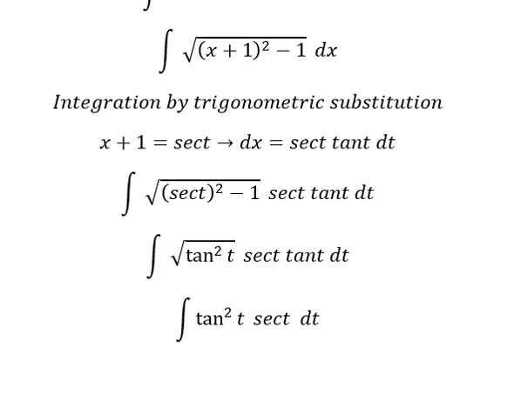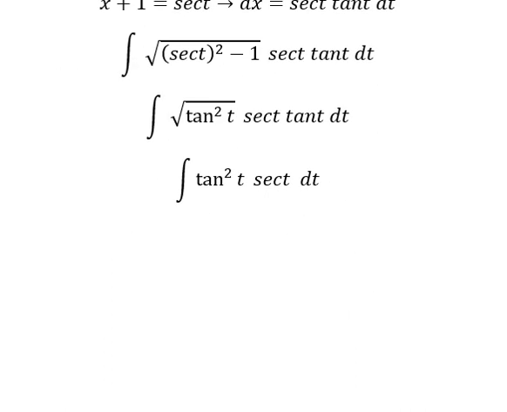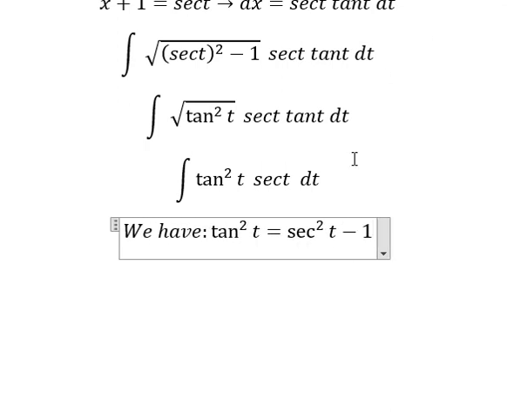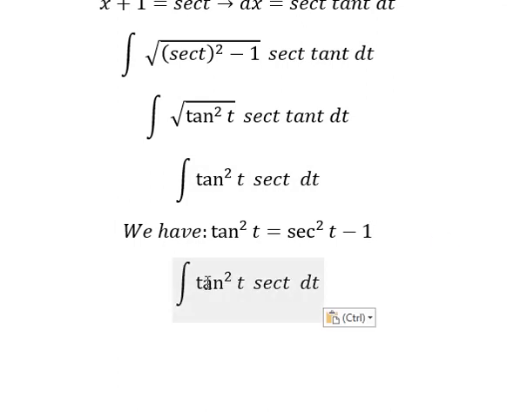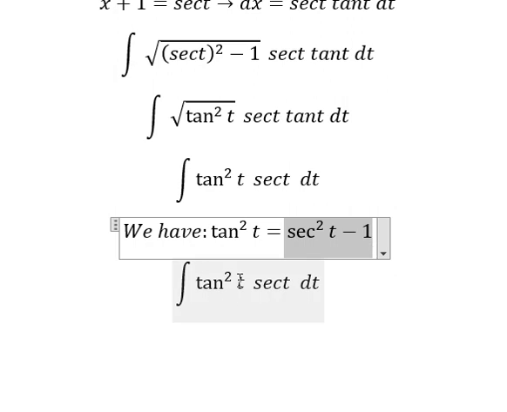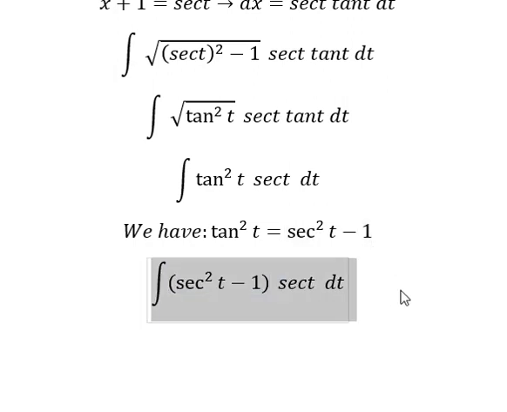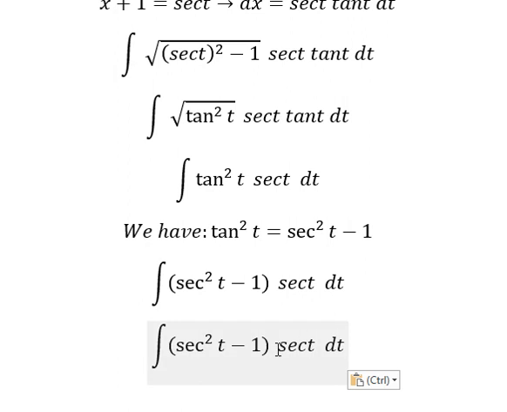So we have the formula in here. So we need to transform this one into this one. So secant of t multiplied by this one and number 1.